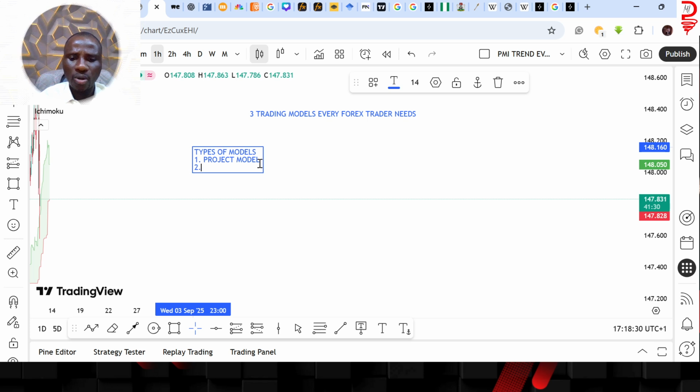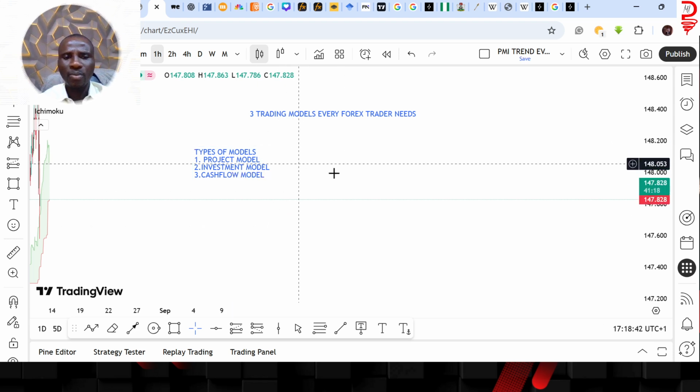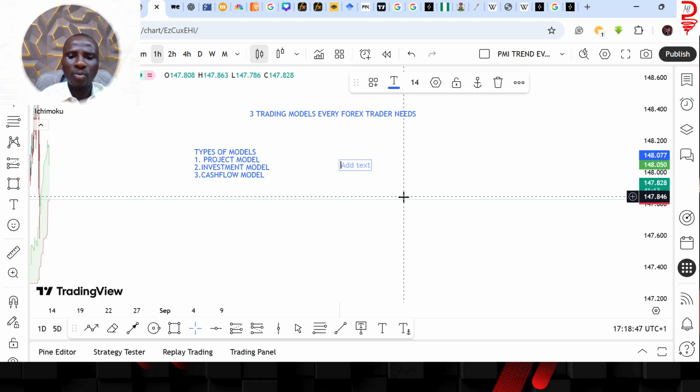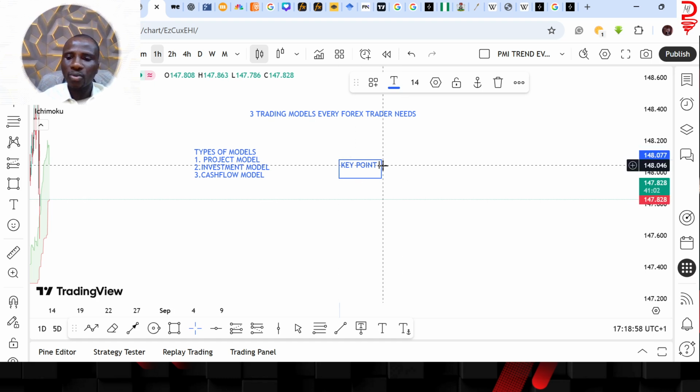Number two is the investment model. And number three is the cash flow model. I'm going to run you through each of these models so that you will know the key points to look out for in each of them. I will be using Potential Miners International as an example, our own system, and what we do when we approach the market with each of these models.